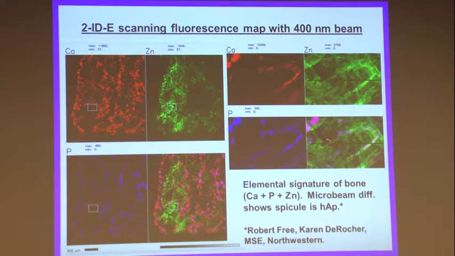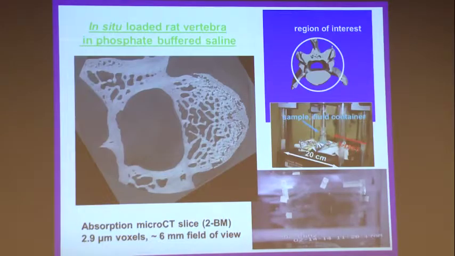Remember, the signature of bone is having calcium and phosphorus, that's the part of the bone, in the same position as strong zinc signal. So with the diffraction data, with the fluorescence data, and the micro-CT data, I think we have bone. There's one other thing that we need to do to nail down that it is bone, and that is to have the D period present in the SAC signal. We haven't done that yet.